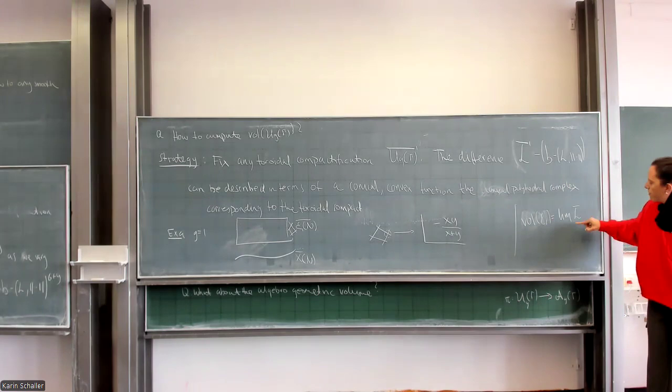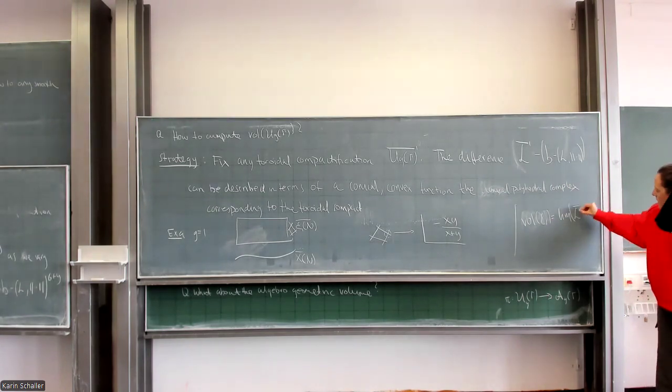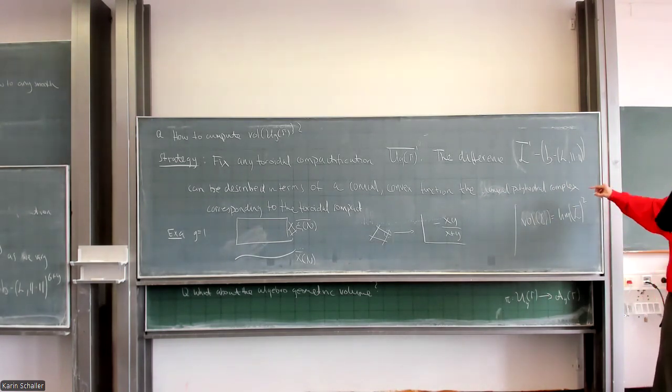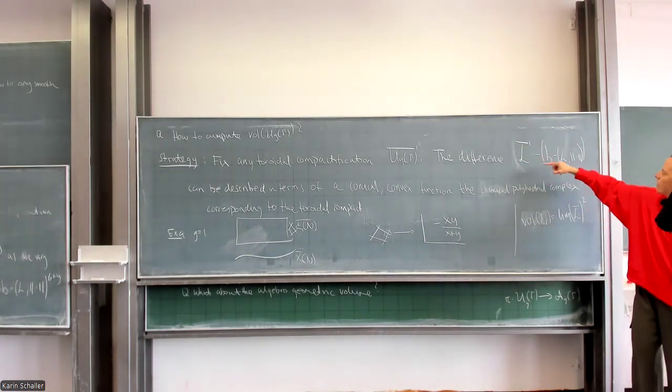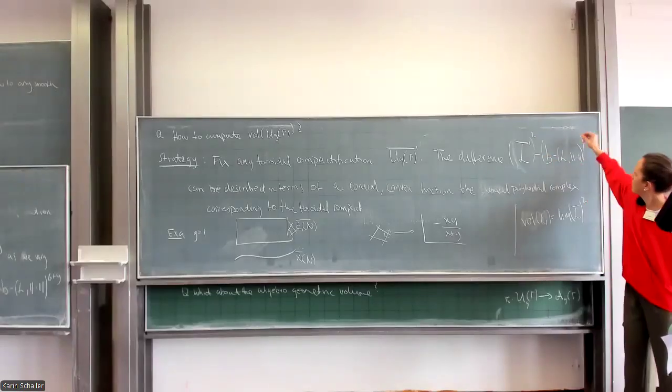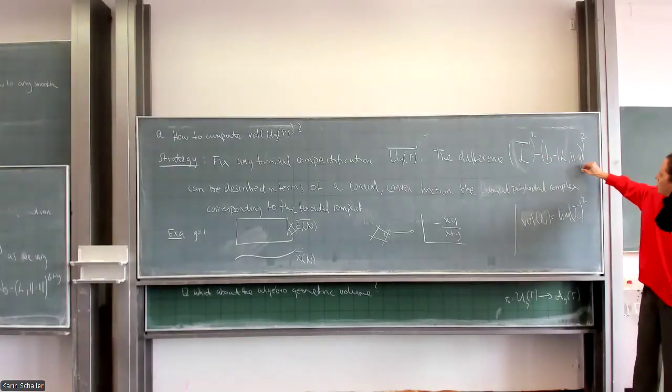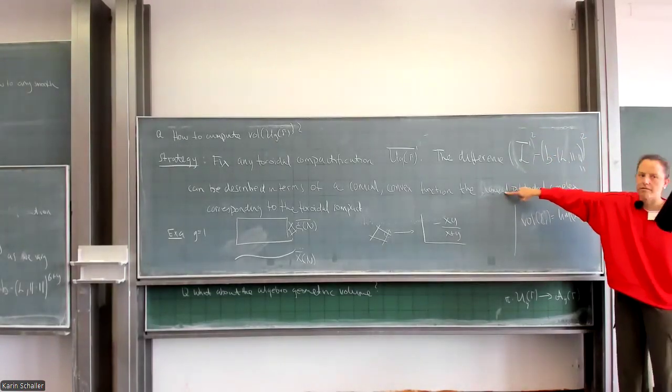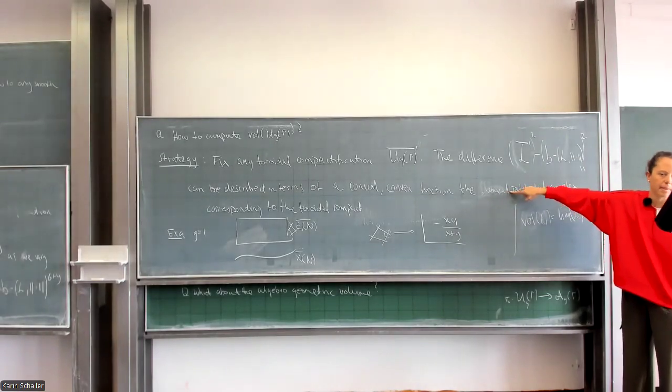So if we calculate the limit of this, I want to calculate the difference of this in terms of this conical function. Okay.